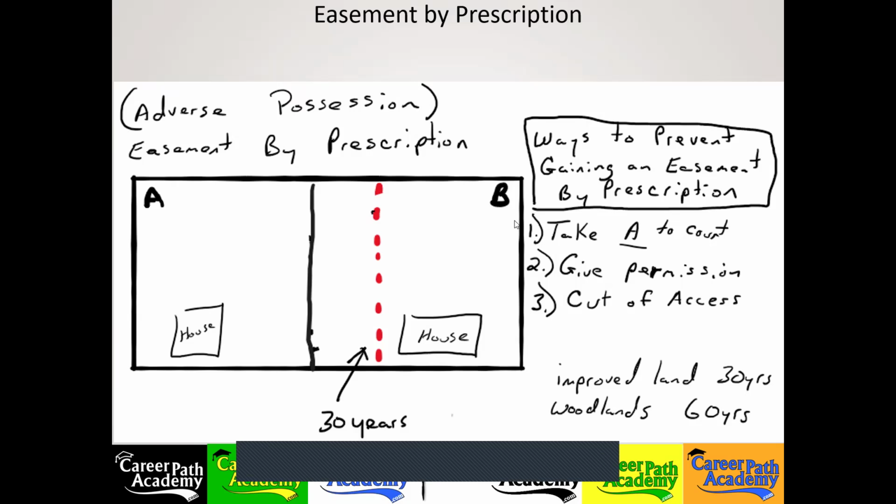Now, lot owner B can prevent lot owner A from getting that ownership if they take them to court to get them off their property and stop using it.